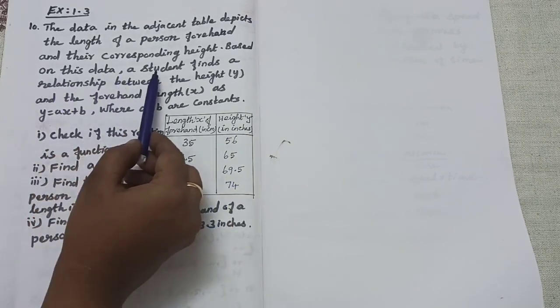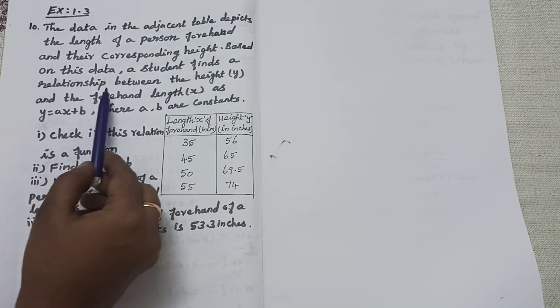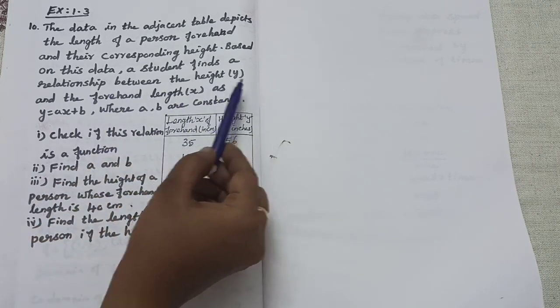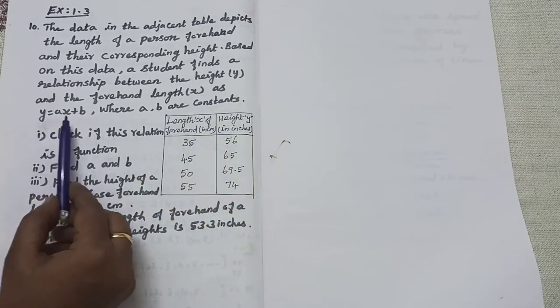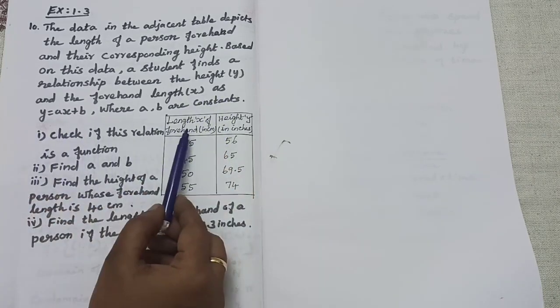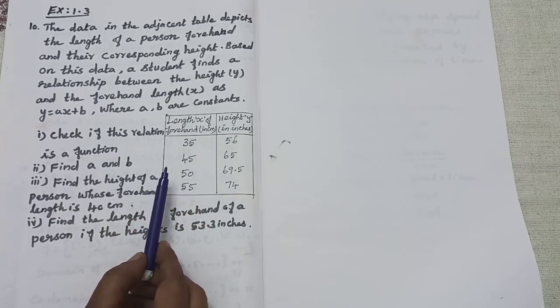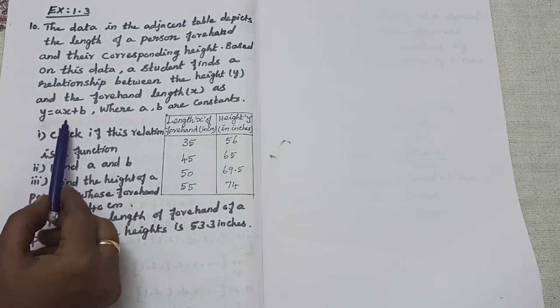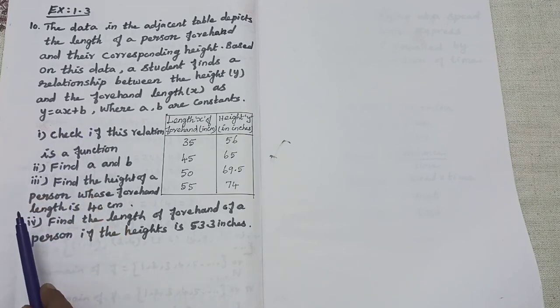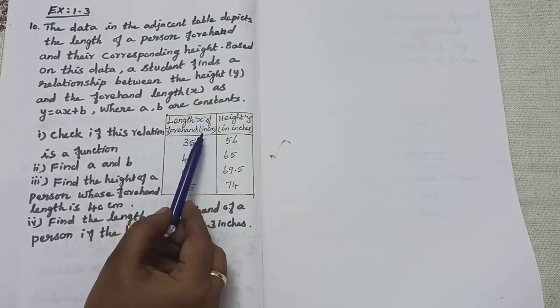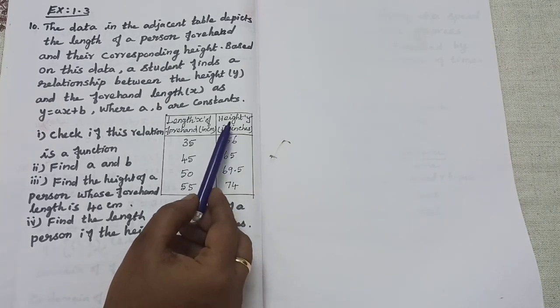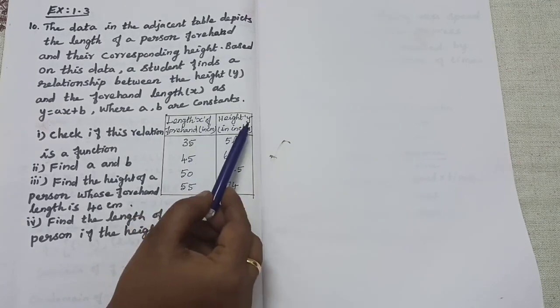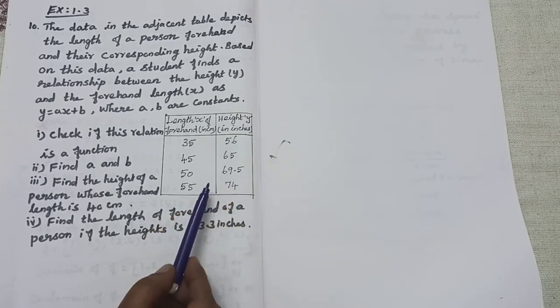Based on this data, the student finds a relationship between the height y and the forehand length x as y is equal to ax plus b. A and b are constants. Length of the forehand in centimeter is given, and then height of the person in inches is given.